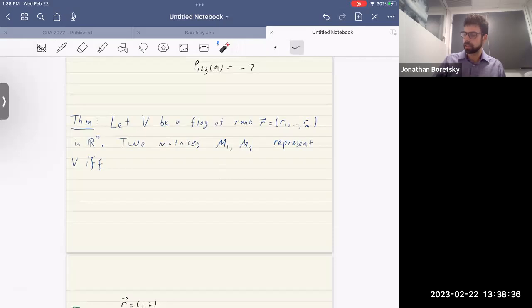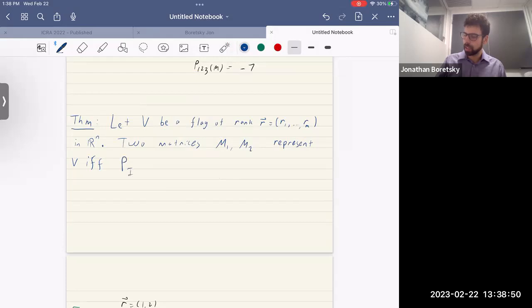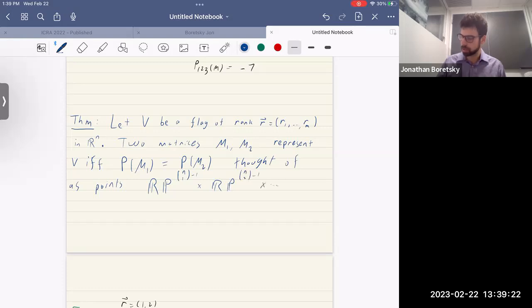So I'm going to let V be a flag of ranks R, and I'm going to take 2 matrices M1 and M2, which represent V. I'm going to claim that they represent the same flag if and only if the entire set of Plücker coordinates P of M1 is the same as P of M2, almost thought of as points in a product of projective spaces based on the size of the indices: RP to the n choose 2 minus 1, up to RP to the n choose n minus 1.